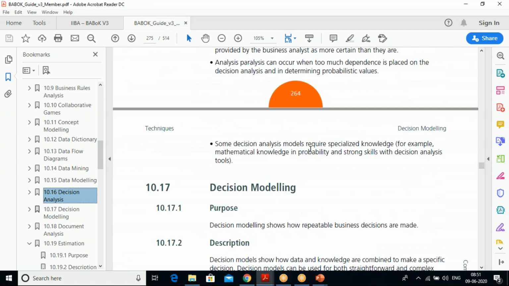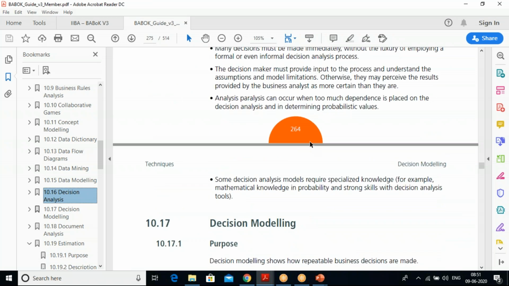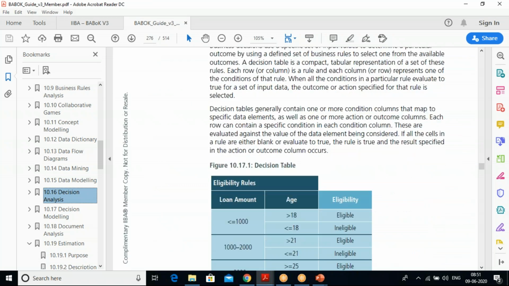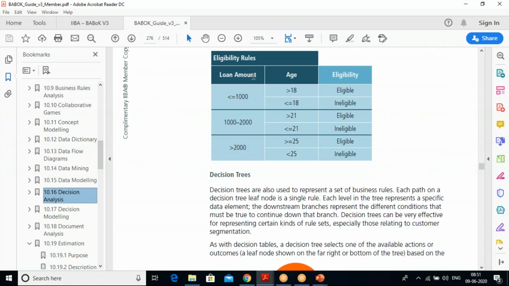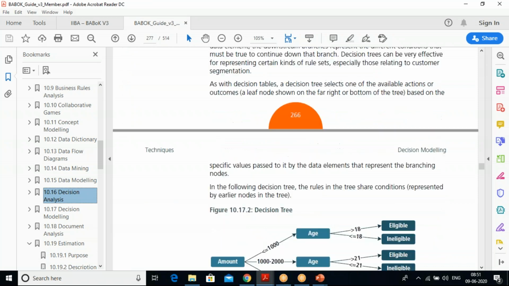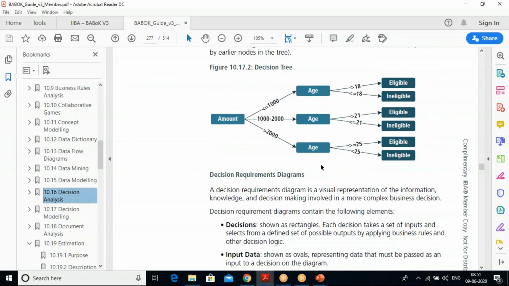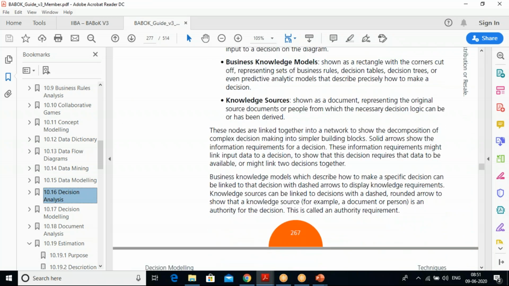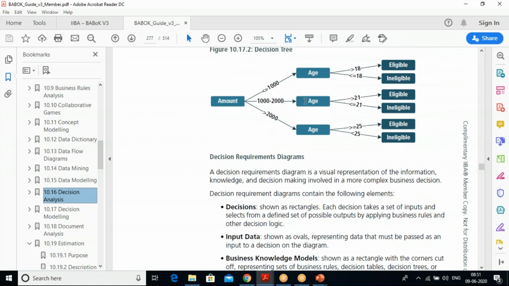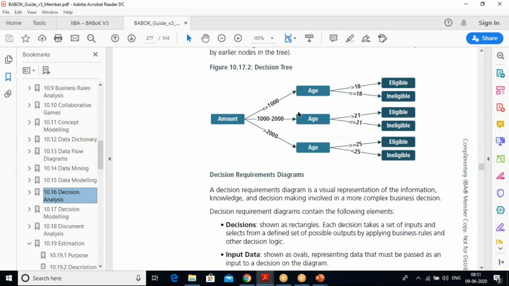And then we have decision modeling. In decision modeling, the decision table comes into the picture, and then the decision trees. A decision tree could be for a loan amount of so and so, where the eligibility depends on age, and they will be rating it.